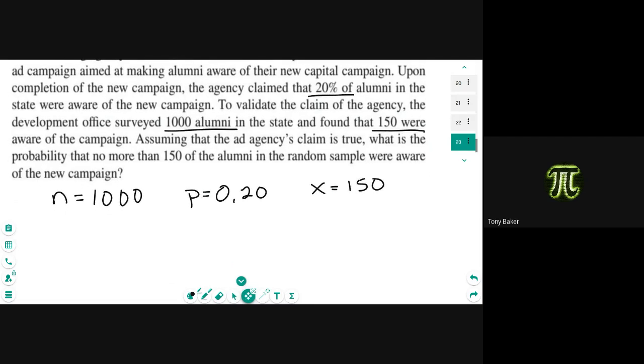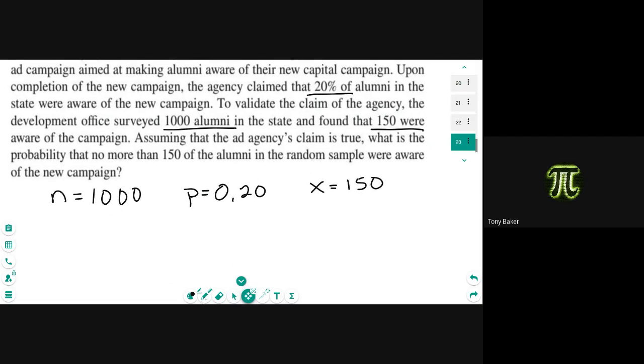So all those words, that's all we needed. So what's my mean? N times P. So 1,000 times 0.20 is 200. Now find me my standard deviation.